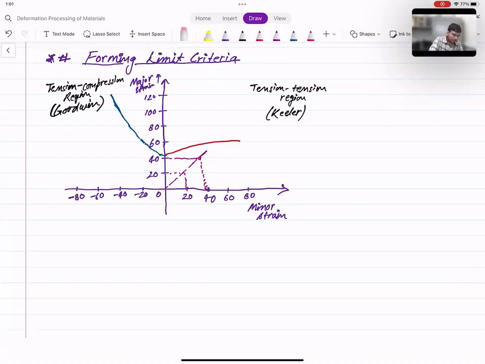So what this diagram represents basically is these particular sections. Above the lines represent failure. Okay. These represent failure.